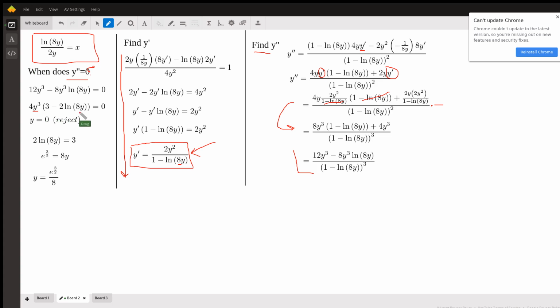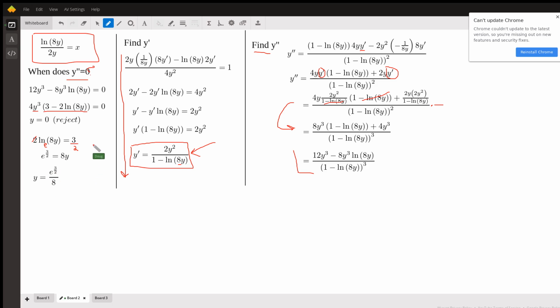But then this factor could also equal 0, which if I set that equal to 0 and exponentiate after dividing both sides by 2, e to the 3 halves equals 8y, so y equals e to the 3 halves over 8.